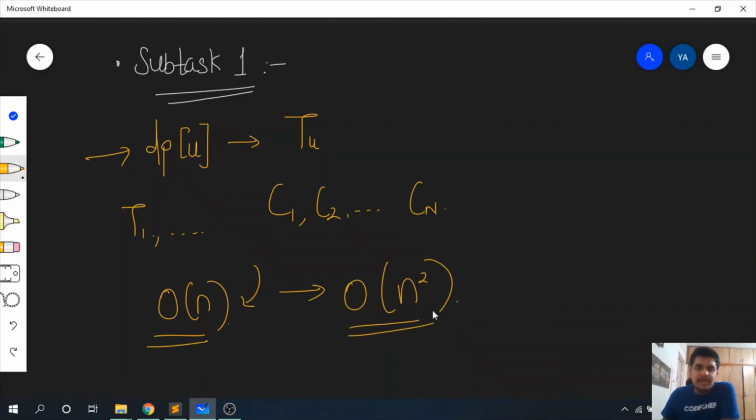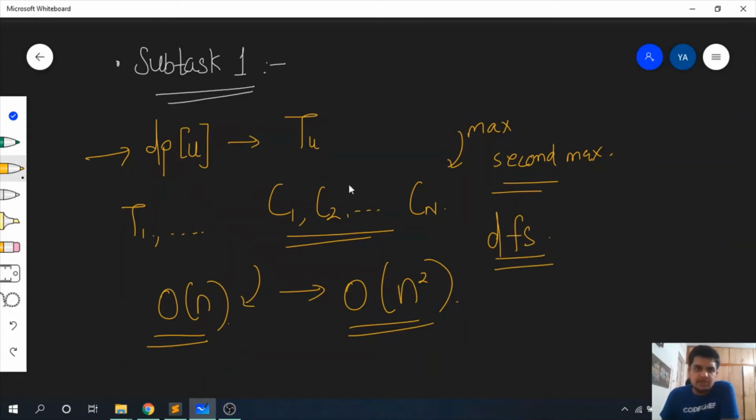So this will be enough to pass subtask 1, and as we calculate it for each node, we can easily take the maximum and second maximum for our answer. It is pretty easy to calculate for each node, by running a simple DFS over all the nodes and calculating the value of TU for each of them. So the time complexity for this is O of n square, and it will be good enough for subtask 1.